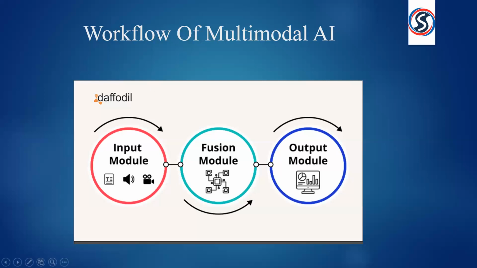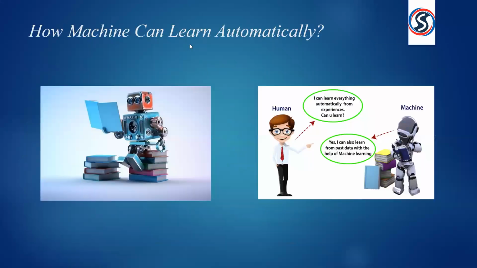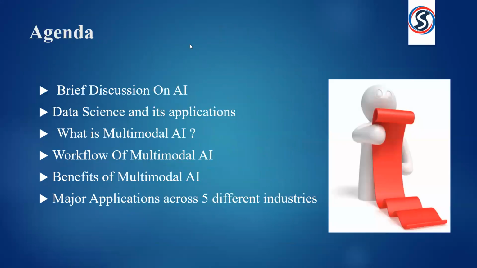So this is all we have explained and learned from our today's agenda. We have completed a brief discussion on AI, data science and its applications, what is multimodal AI, and the workflow of multimodal AI. In the next session tomorrow, we have the second part of this session.